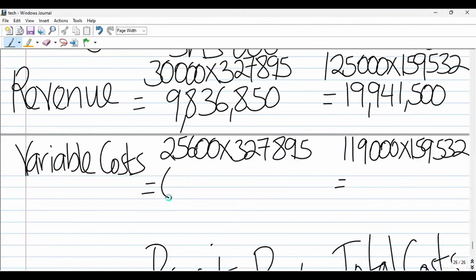So the first one is, and we are putting it in brackets because we are going to deduct it from the revenue. So what have you said it is? 8,394,112. Just a minute.